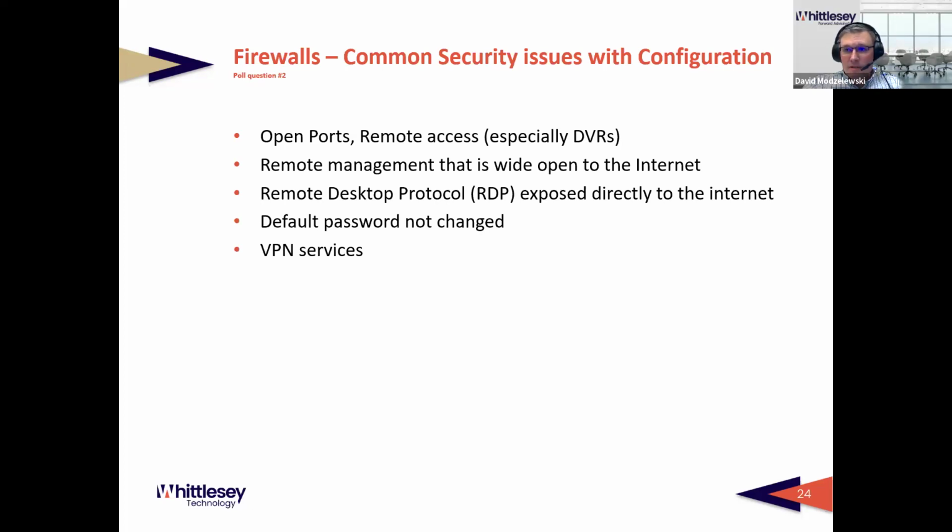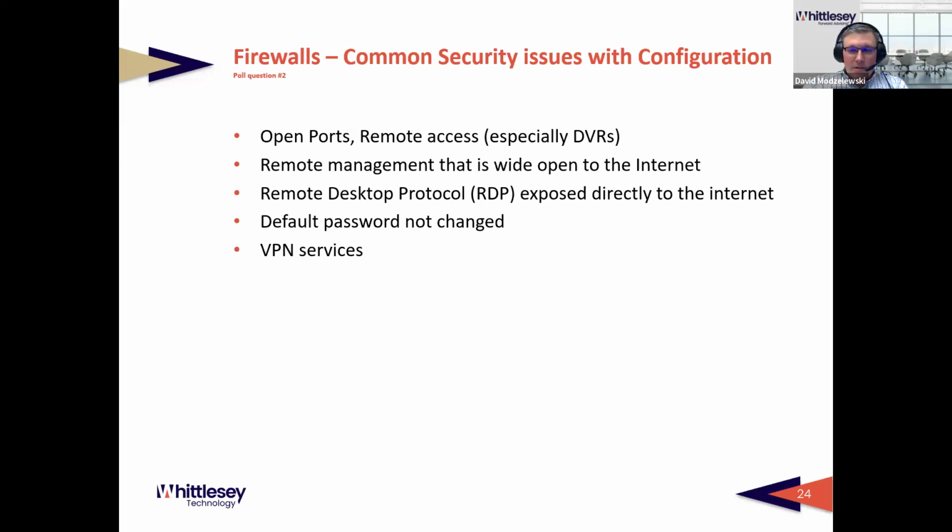In particular, especially DVRs. Again, that's a very common one that just gets set up and never thought about again, never updated. Remote management for different tools and services being open to the internet. Remote desktop protocol, another remote access tool for end users, being exposed directly to the internet is extremely risky. Default passwords not being changed, a simple one that you wouldn't think is that common, but still extremely common.